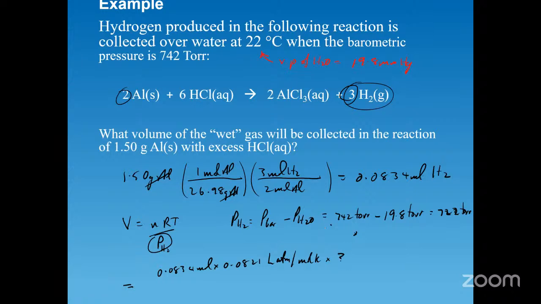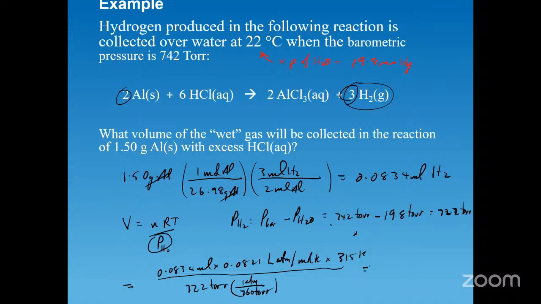So that goes here. And then we divide all of that by the pressure, which we calculated here, which is 722 torr, which we have to convert to atmospheres. So we're going to multiply that by 1 atmosphere over 760 torr. All right, and that's basically the setup.